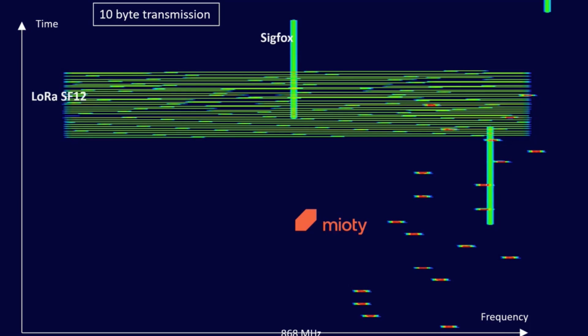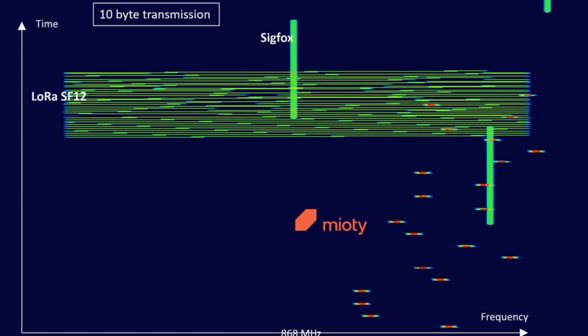This is a typical LPWAN application that could be transmitting some meter data, temperature, a GPS position, or whatever it might be. As you see here, with the time axis on Y and the frequency axis on X, these technologies, even though they do the same thing, look quite different on the spectrum.